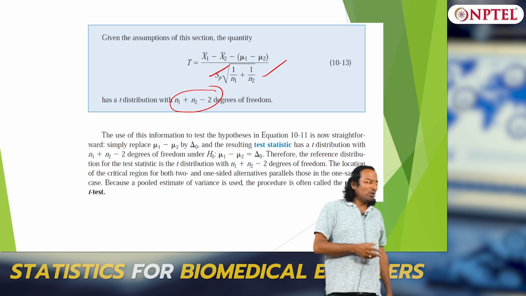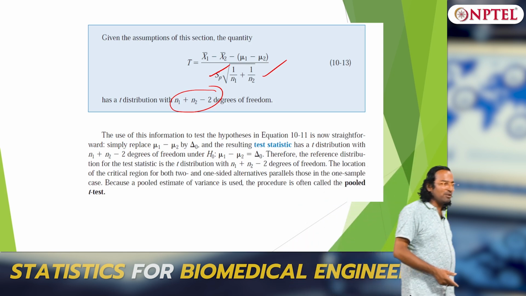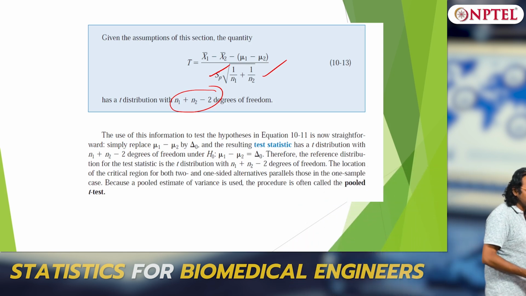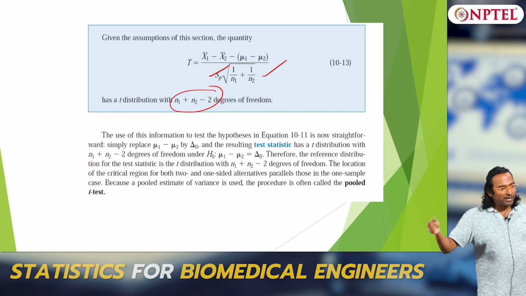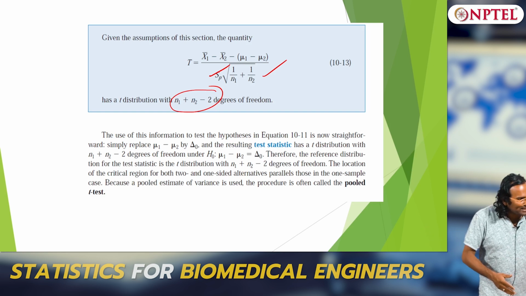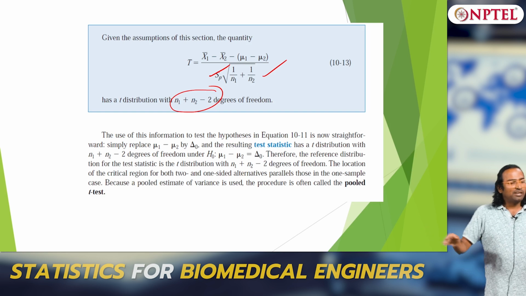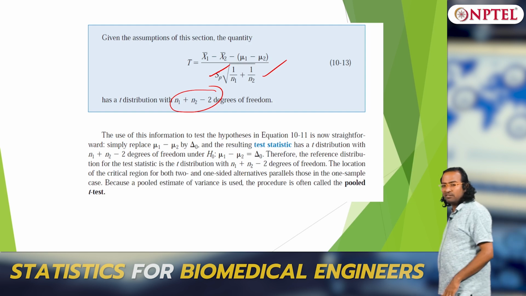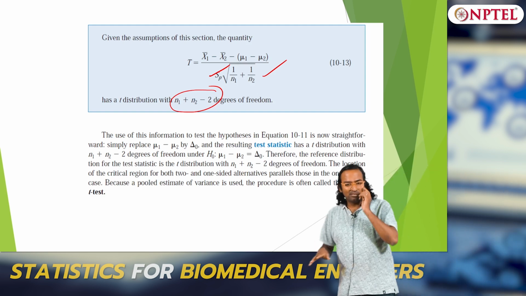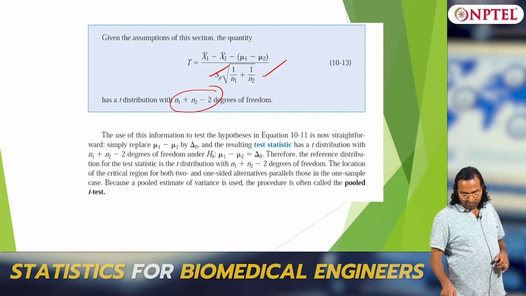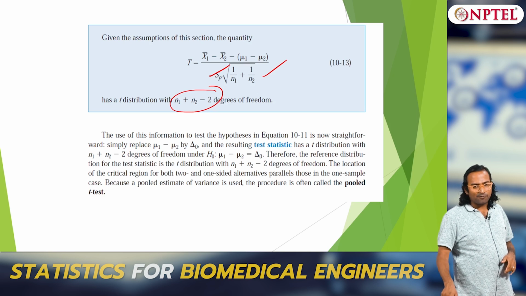So you may wonder why all of a sudden the T distribution is coming into the picture. The T distribution comes into the picture because it is N1 plus N2 minus 2. If it is less than 30 it will be a T distribution, if it is greater than 30 it will become a normal central Gaussian distribution, that is all. It is a T distribution with degrees of freedom what? N1 plus N2 minus 2.